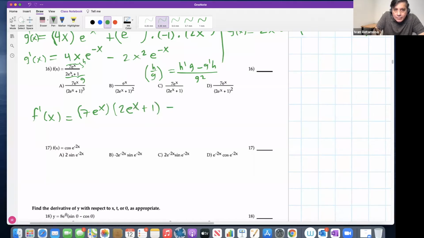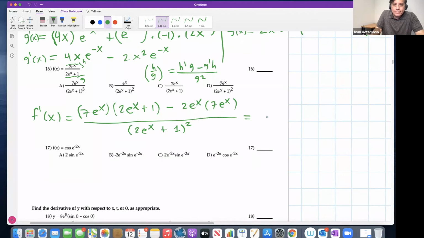minus the derivative of g, which is twice e to the x, times h, which is 7e to the x. Very good. All that divided by the square of the function in the denominator. And a piece of advice: do not expand it, keep it like that.